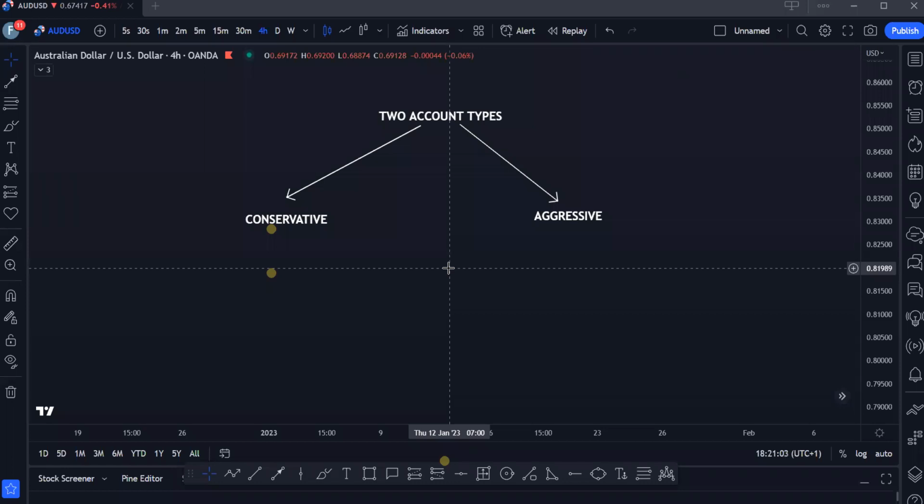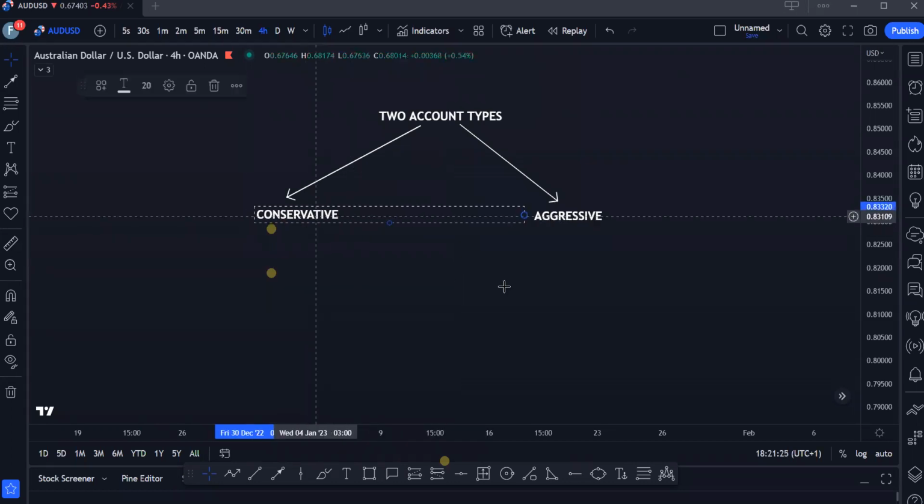It's also going to be a different kind of risk that you need to take on each account. So when considering risk, you want to have separate accounts for these purposes. And I'm going to give you recommendations. We'll go into details about this right now.